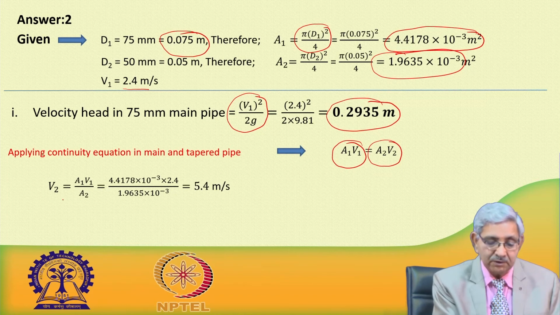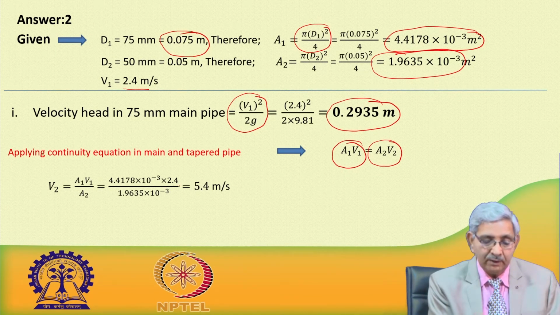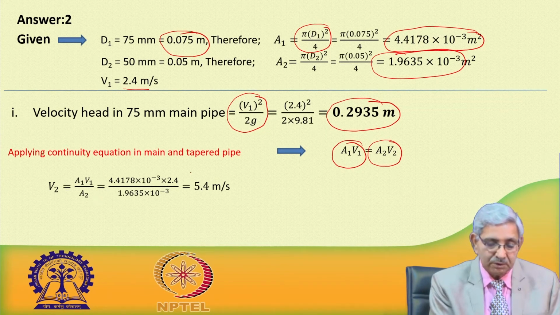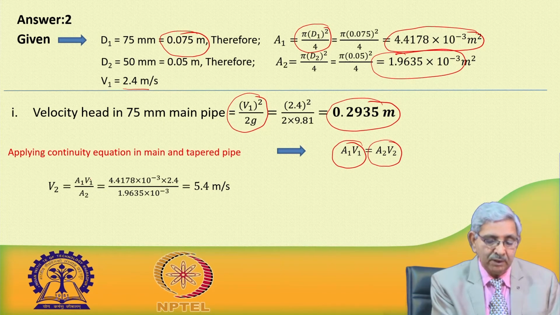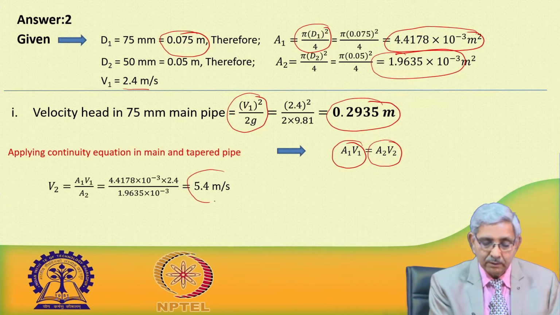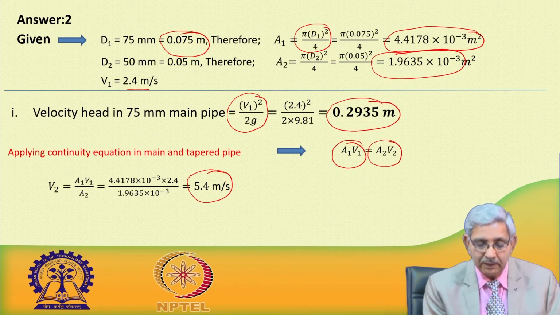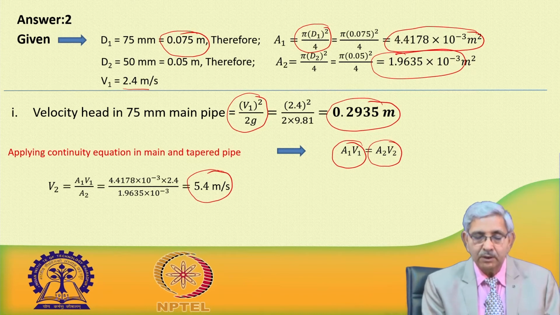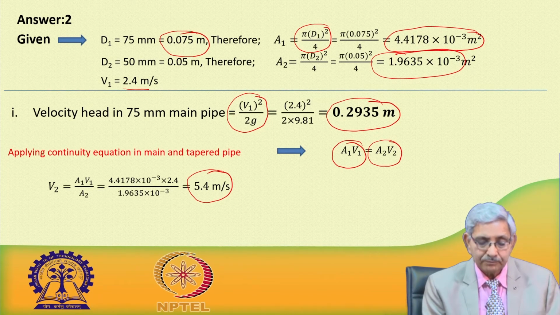The velocity in the second pipeline, that is the 50 millimeter pipeline, can be obtained by putting A1 V1 by A2, substituting the area of cross section of pipeline 1 and velocity, and dividing by A2. So, we get the velocity in the second pipeline as 5.4 meter per second.